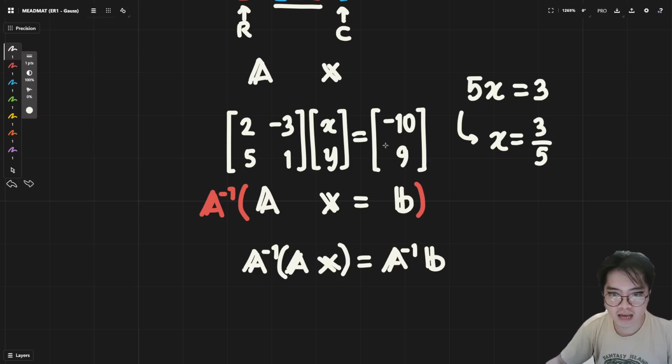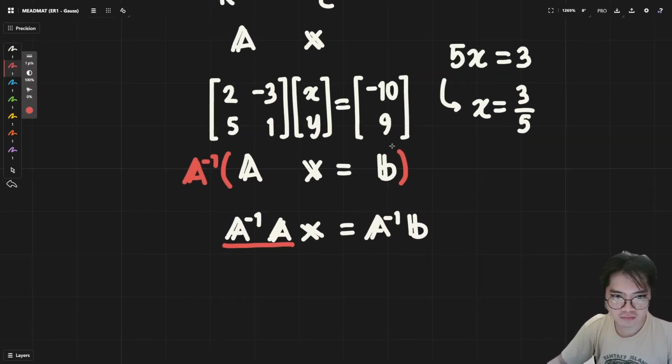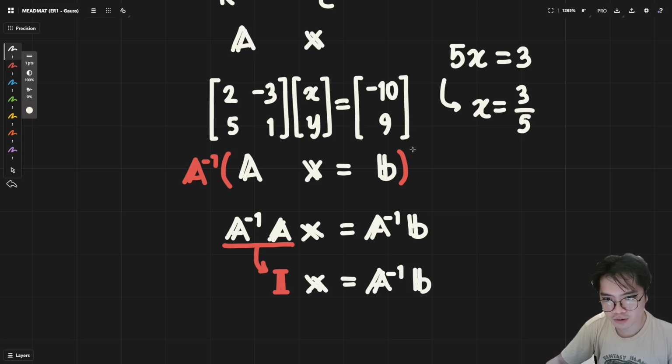And notice what happens when I do this operation. What is now this thing? Oh, that's just the identity matrix. So I times x is equal to A inverse times b.